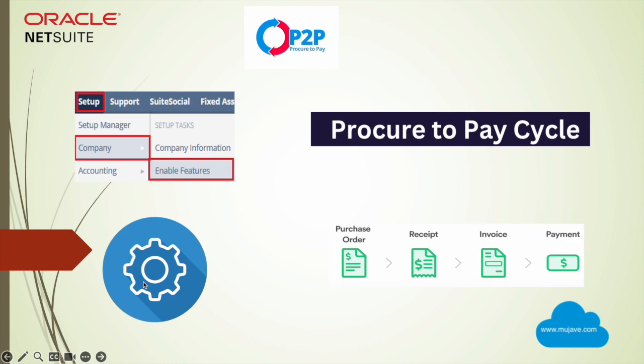Similarly, in NetSuite, we must enable some features before going to use those features. After explaining those features, I will move to the chart of account and I will explain what are the different accounts involved in the NetSuite and its usages. And then I move to the actual procure to pay cycle.